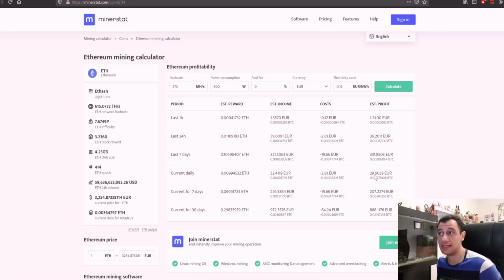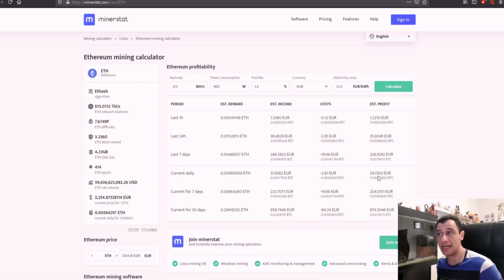So it was 29, it is now €29.60 estimated profit after electricity a day. If I re-add the pool fee, from 29.60 I went down to 29.15. So be sure that you're calculating the pool fee properly, because over large amounts of time mining the coin, it will make a difference.